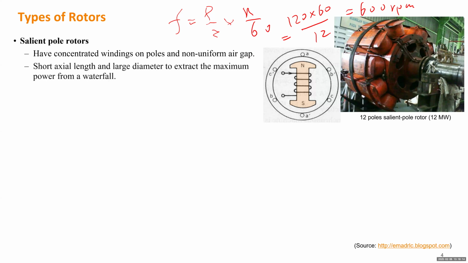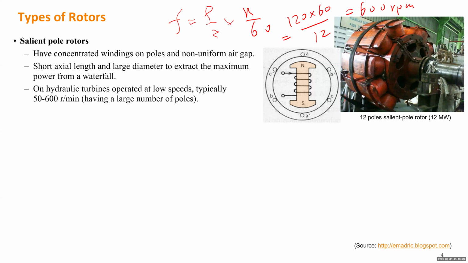Such rotors usually have a short axial length but a bigger diameter, because salient pole rotor generators are typically utilized just for hydro power plants. When the water flows through the turbine rotor, the speed cannot be too high.